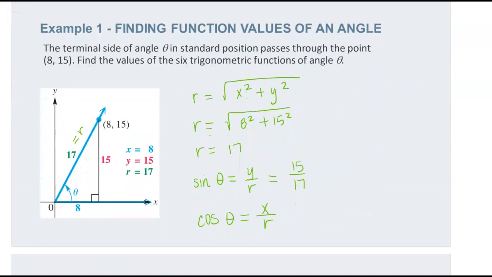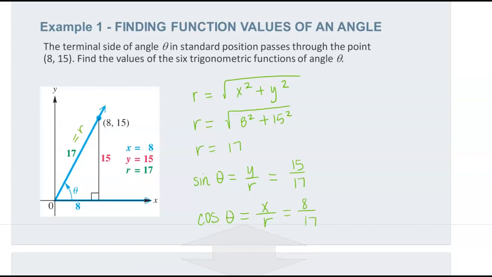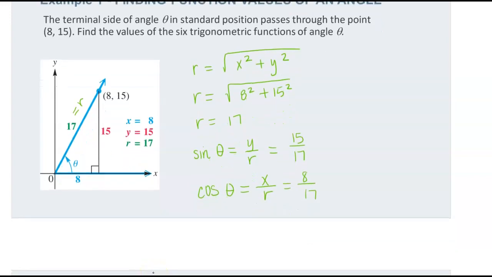The cosine of the angle is x over r, so that would be 8 over 17. And the tangent of the angle, this is not multiplied, it's saying the tangent of the angle theta is y over x, or 15 over 8.